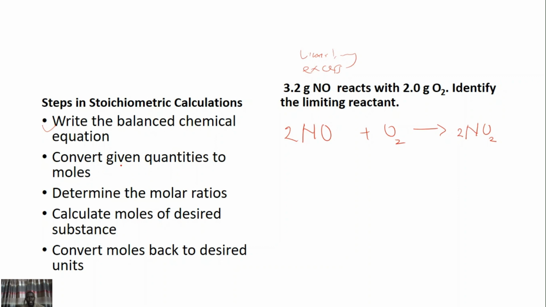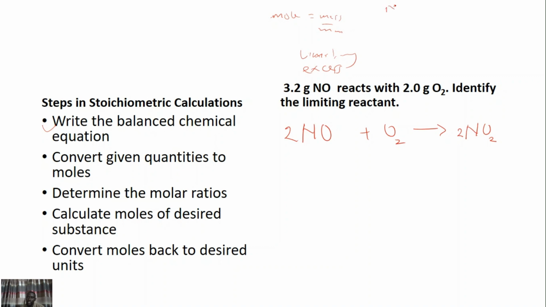They say convert the given quantity to moles. We are given 3.2 gram of nitrogen oxide and 2 gram of oxygen. We need to convert each of them to mole. And don't forget the formula you use is mole is equals to mass over molar mass.